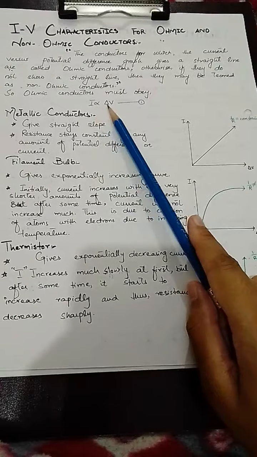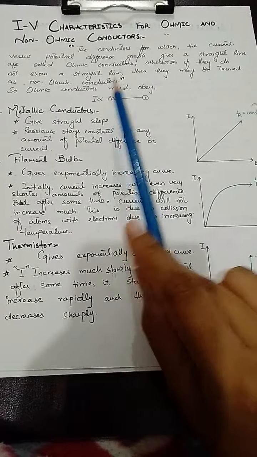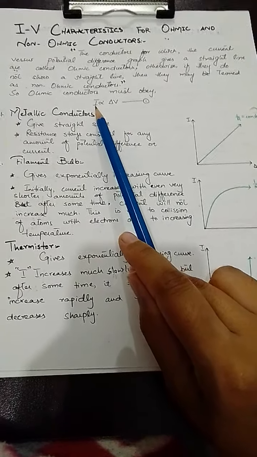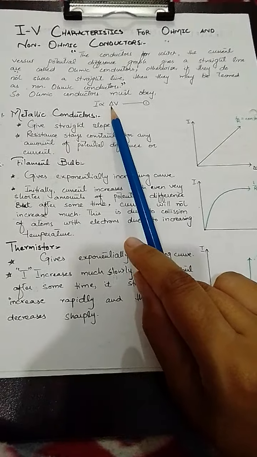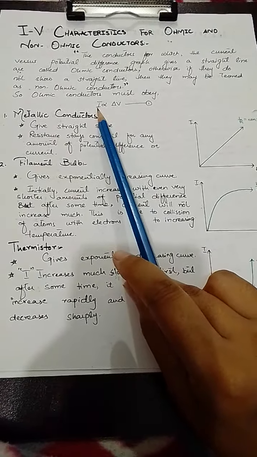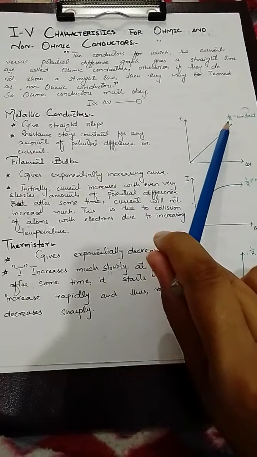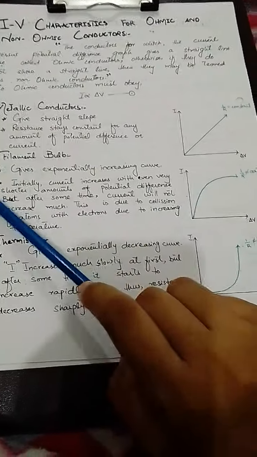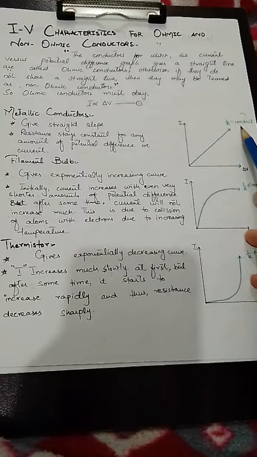Okay, so as the condition says, if the potential difference increases, then the current must also increase, and if the potential difference decreases, then the current must also decrease by a factor 1 by r. This factor gives out a straight line for the ohmic conductors. So this factor stays constant.